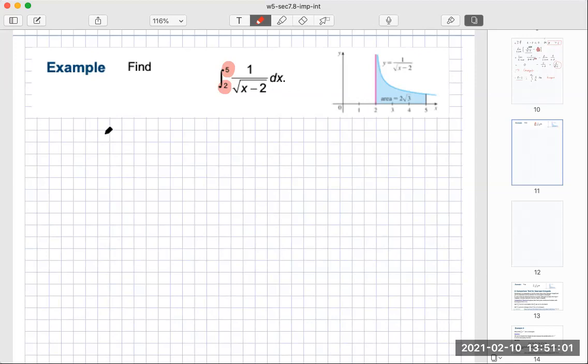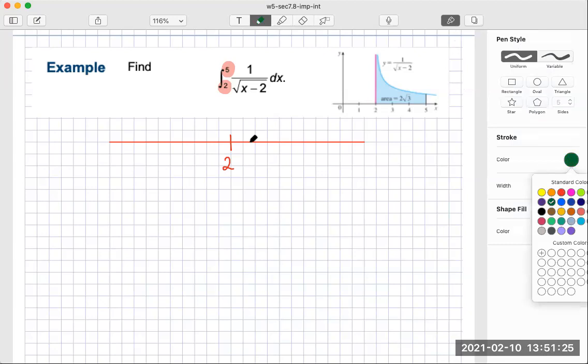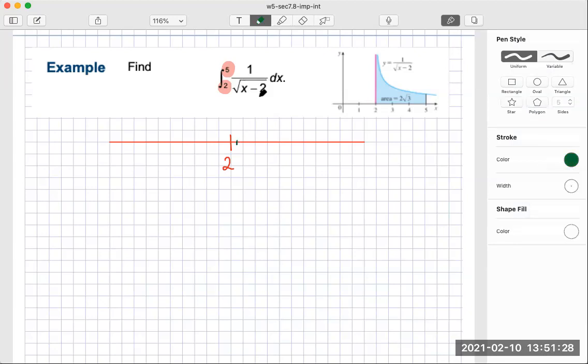Suppose this is the real line, and here is 2, right? From the right side of 2, where x is larger than 2, when x approaches 2, suppose it is very near here, then the term under the denominator gets smaller and smaller, but still positive, right?